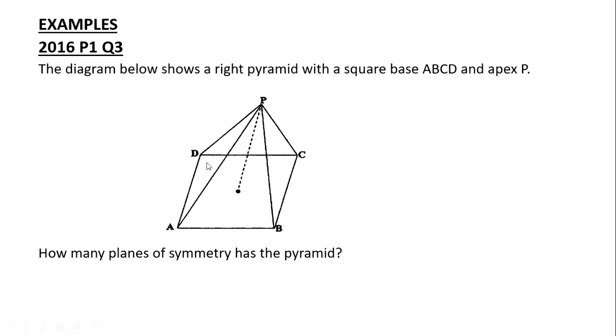It can be cut through DB, through AC, through DC and AB, and also through AD and BC. So a pyramid has 4 planes of symmetry when the base is a square.